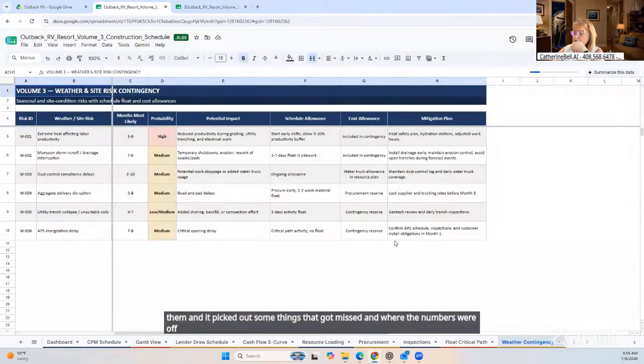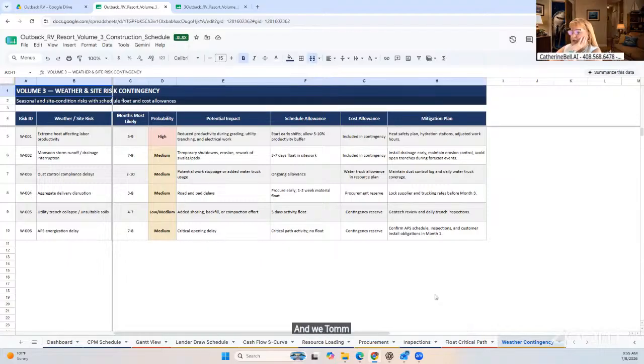It was asking us questions so that we could clarify. Tommy prompted it to look at it like a bank: how is a bank going to scrutinize this?